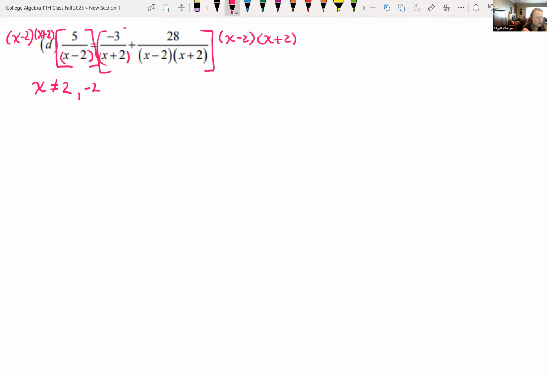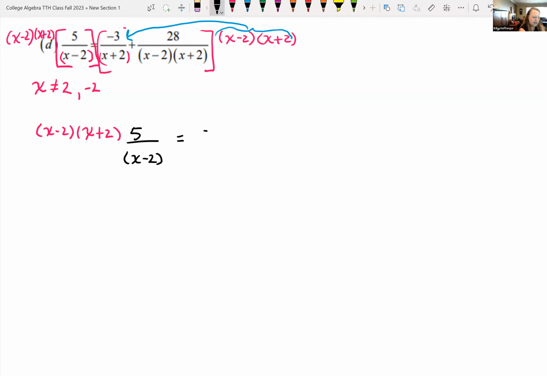There's only one term on the left-hand side, so there's no distributing that needs to happen there. So we have x minus 2 times x plus 2, all times the left-hand side, which is 5 all over x minus 2, is equal to, but on the right-hand side, we need to distribute that whole quantity, x minus 2, x plus 2, to each fraction on the right-hand side.